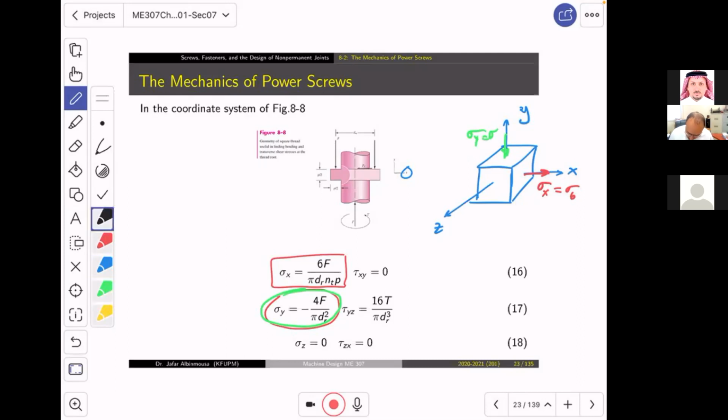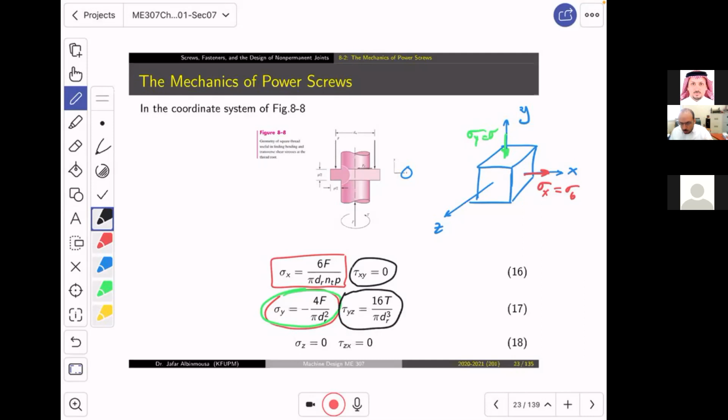Now let's look at tau xy. You remember tau xy? Tau xy is the stress acting on the x face in the y direction. We don't have it. We have only one shear here, which is tau yz.